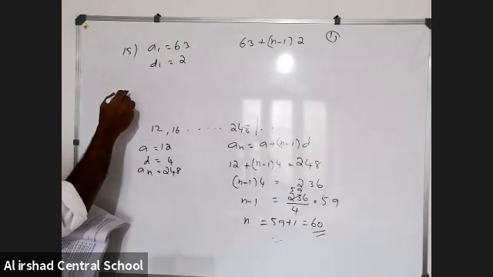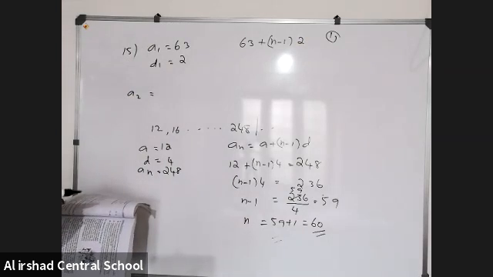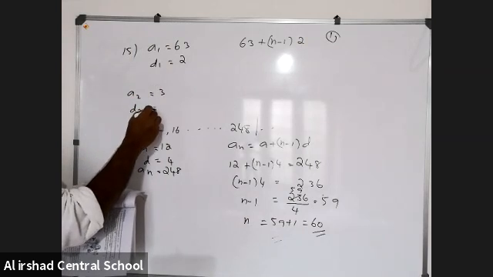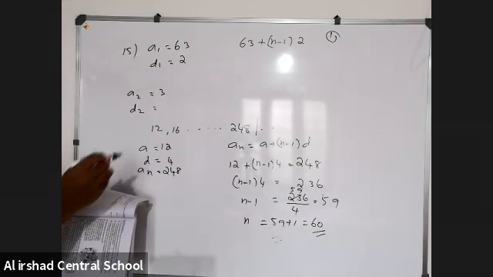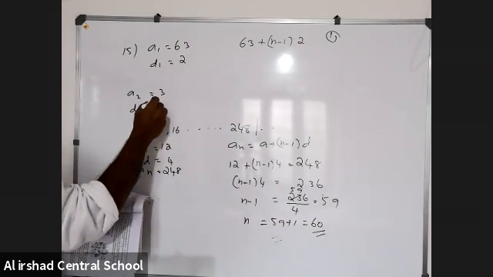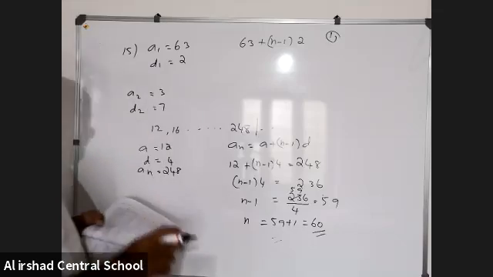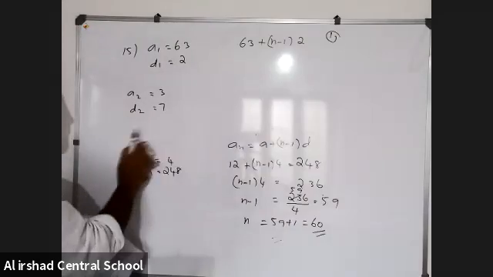Then for the second progression, A2 is equal to 3 and D2 is equal to 10 minus 3, that means 7. Now from here, tell me the equation. We have to make two equations here.